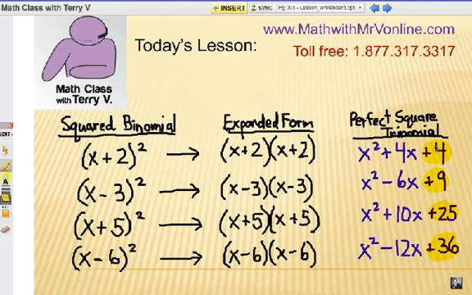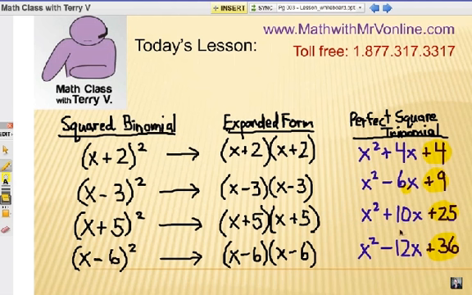So let's see if we can figure out where 4 comes from. Now look at these 2's here. These 2's here have created a 4x. These negative 3's here have created the negative 6x. The 5's created a 10x, and the negative 6's created the negative 12x.